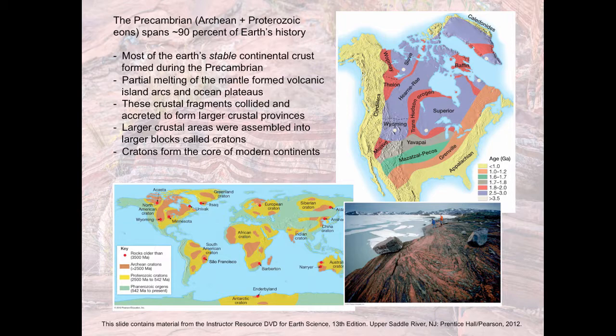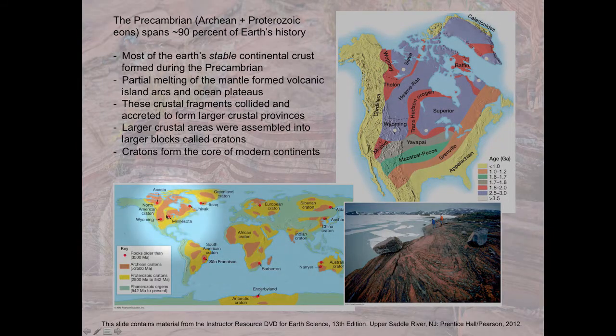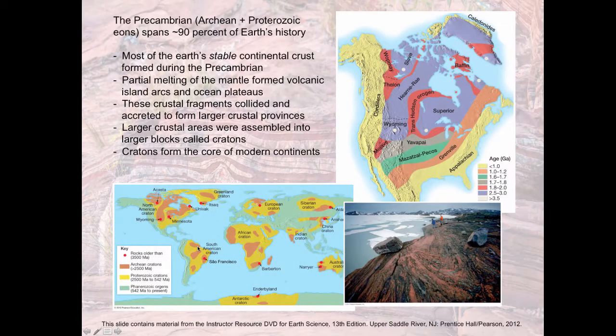Cratons formed the core of modern continents, and on every continent there are large areas of Archean or Precambrian rocks, usually in the center. You can see Archean rocks in the North American continent, the North American Shield or the Canadian Shield. There are outcrops of them on every continent.